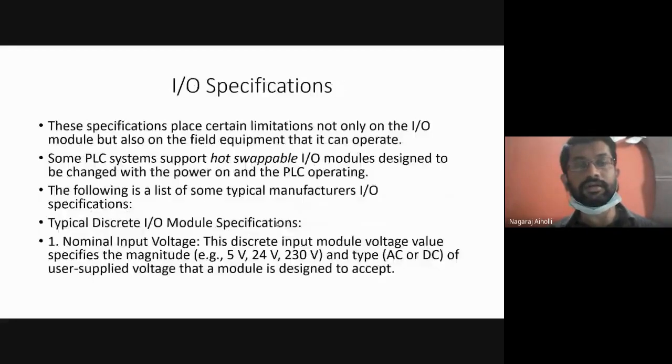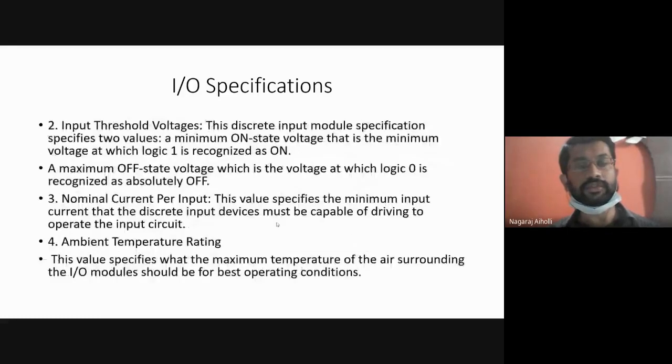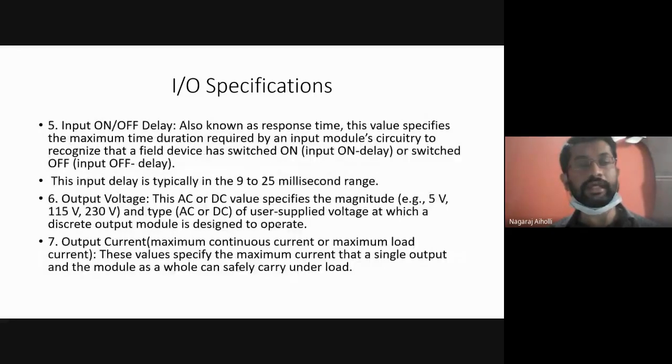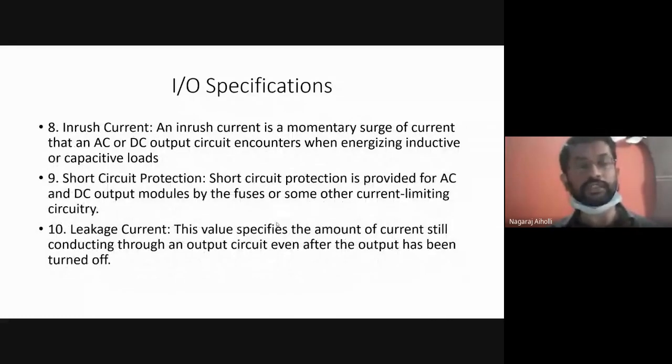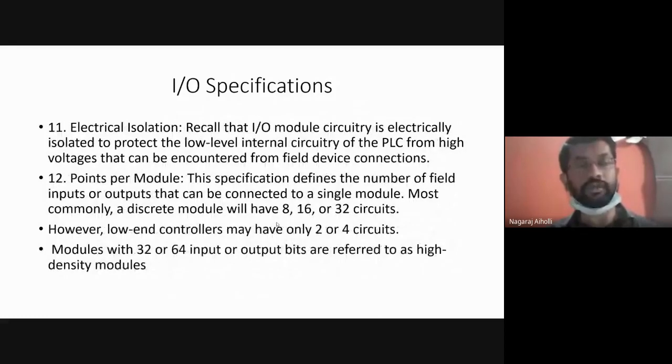Then we have also seen the I/O specifications, the various specifications such as nominal input voltage. First we saw for the discrete I/O modules: nominal input voltage, input threshold voltage, nominal current per input, ambient temperature rating, input on-off delay, output voltage, output current or the maximum continuous current or the maximum load current, inrush current or surge current, short circuit protection, leakage current, electrical isolation, points per module, and then the backplane current.